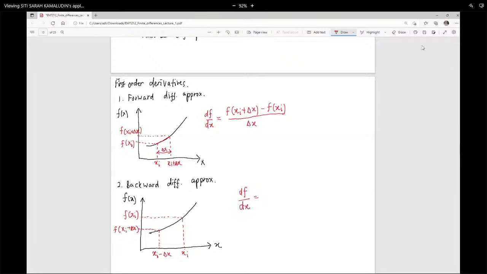So our approximation for the derivative of f(x) is equal to f(xi) minus f(xi minus delta x), divided by delta x.